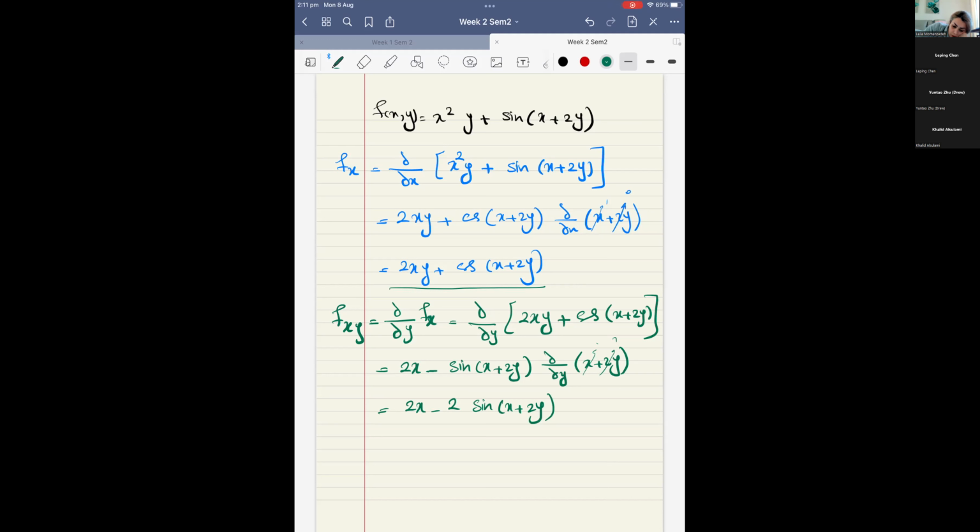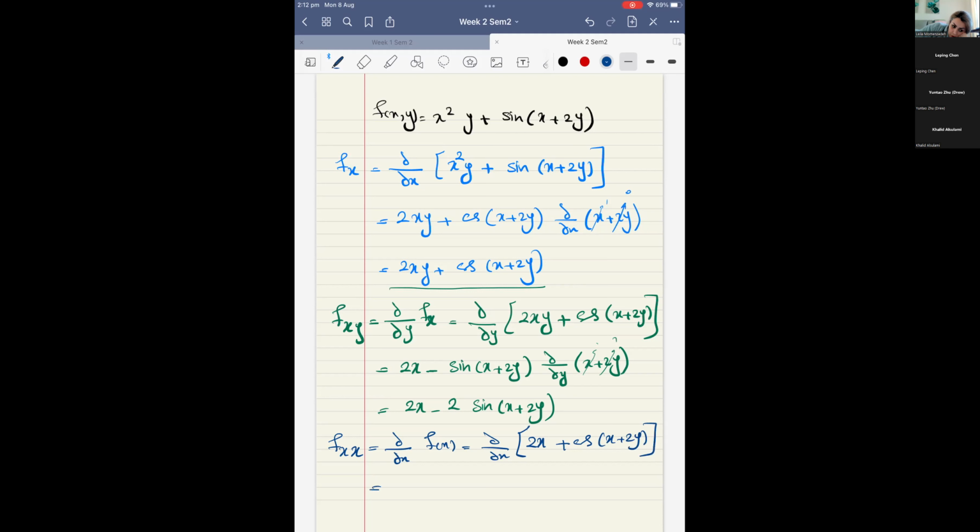Now, if I want to calculate f_xx, again you have f_x. Now, partial of x of f_x. What is f_x? It is 2xy plus cosine of x plus 2y.